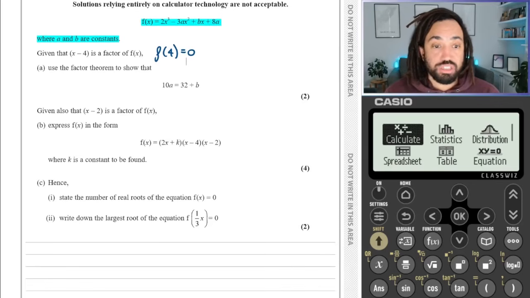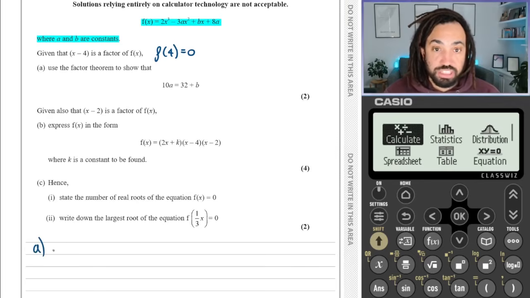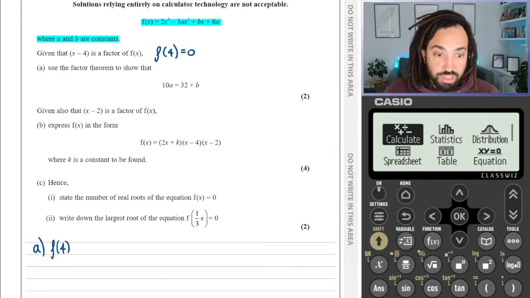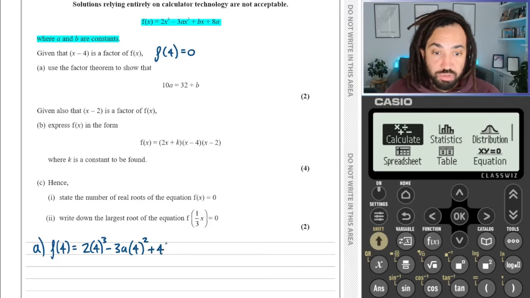Okay, so all we need to do is just substitute 4 into the function, and then set it equal to 0. So f of 4 would be 2 lots of 4 cubed minus 3 lots of a multiplied by 4 squared plus b times 4, so 4b, and 8a, and all of that equals 0.